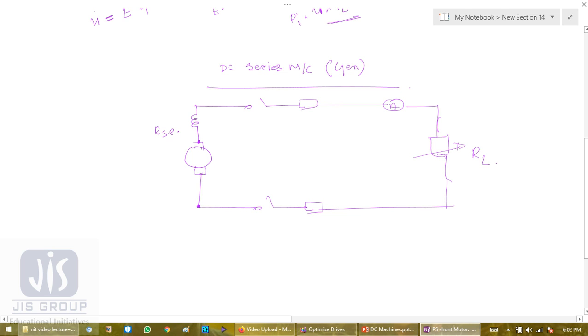RL. Okay, so what is the drop across this armature now? UA.